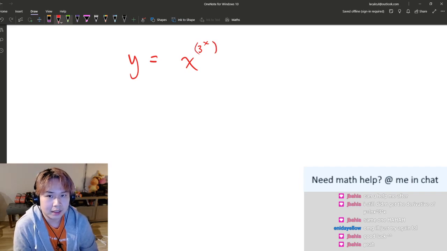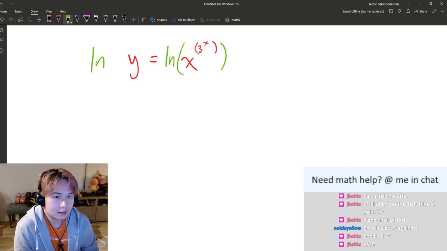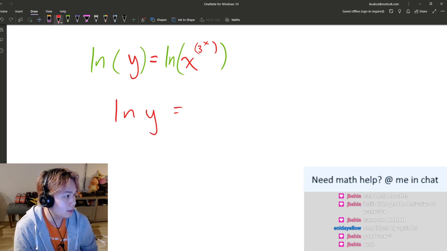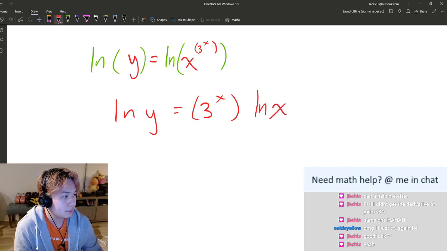Okay, so we take the natural log of both sides, right? And then that means that on the left side, we can take down that exponent using log laws.